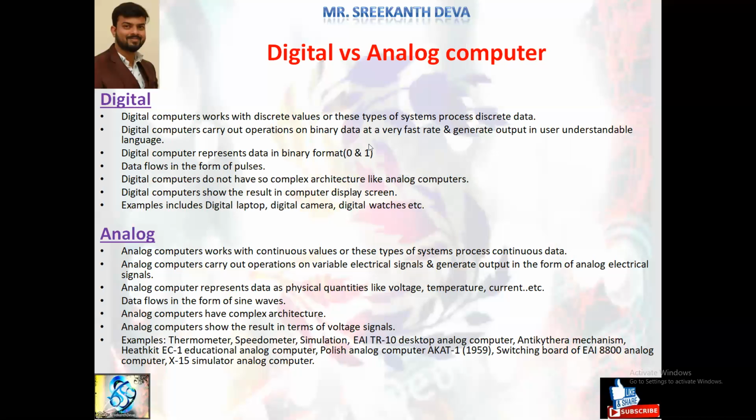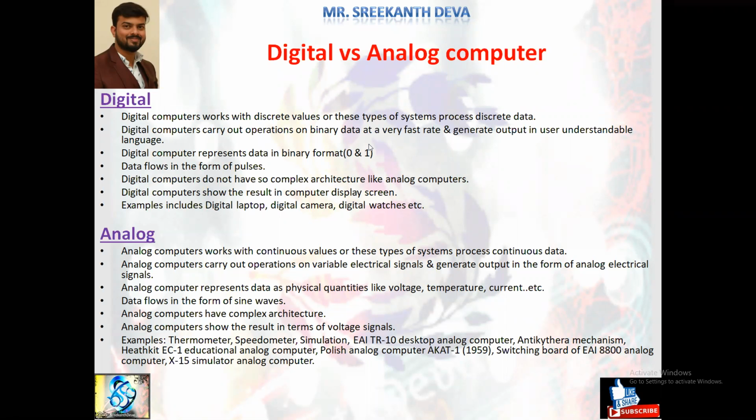Internally it converts high level language into machine language, and after processing, converts it back into user understandable language. We'll discuss in detail what a compiler, assembler, and interpreter are, and the workflow of these conversions, in the coming session videos.